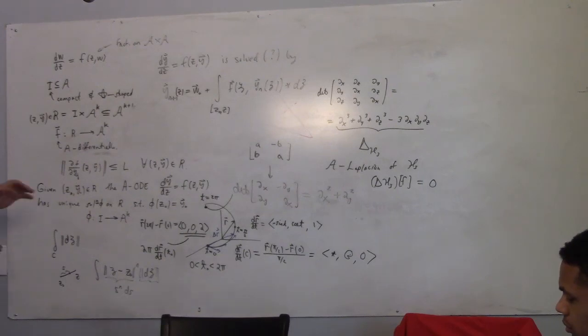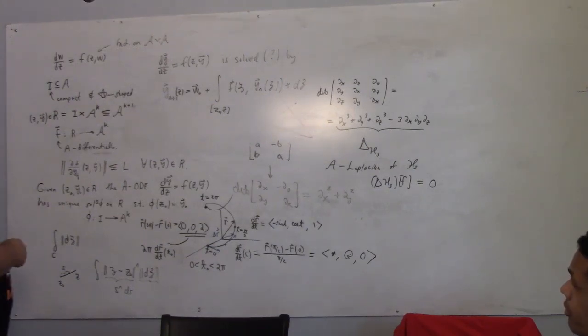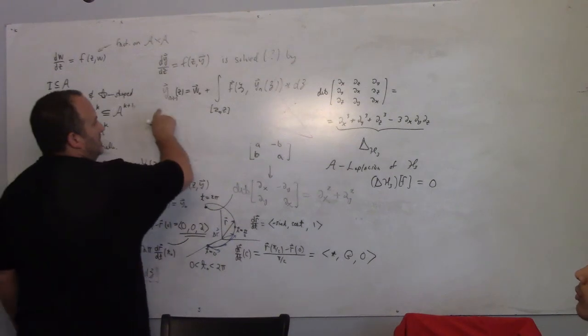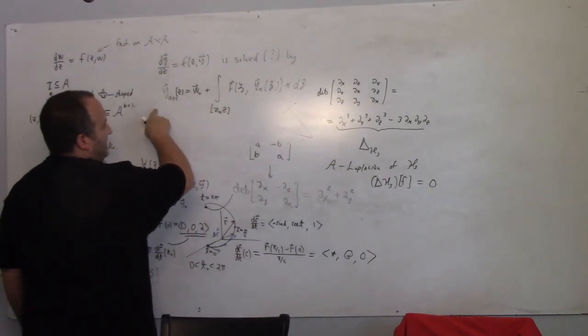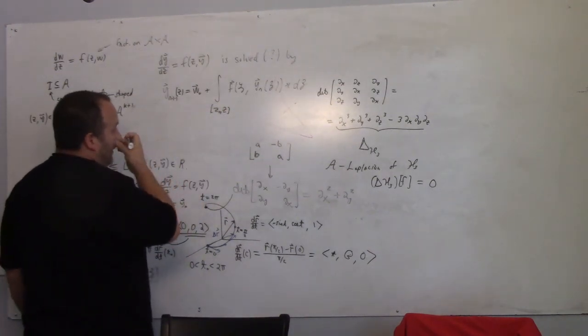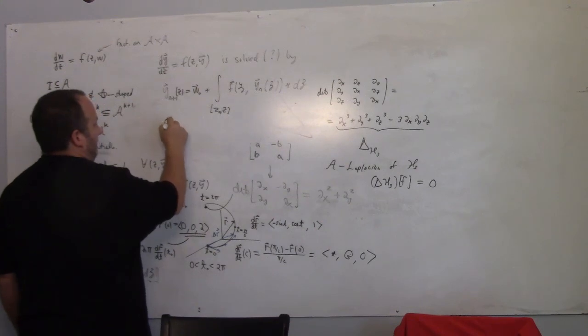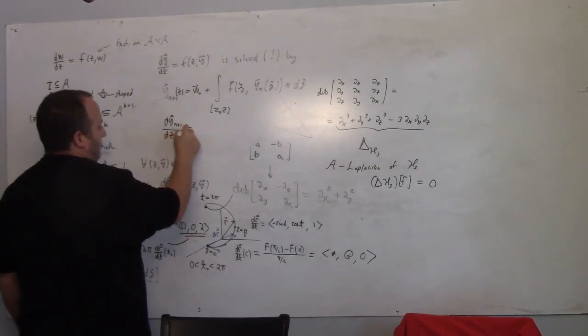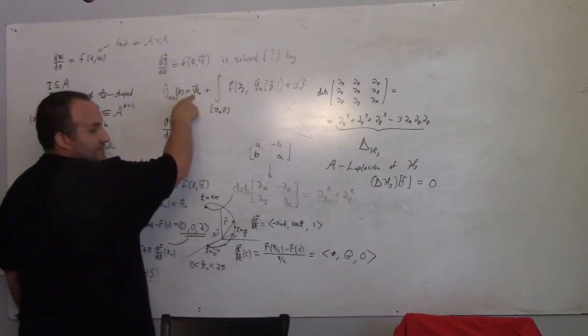No, we're not claiming that. Well, maybe are we claiming that solves? What happens if you differentiate this with respect to z? That's 0, right? It's a constant.